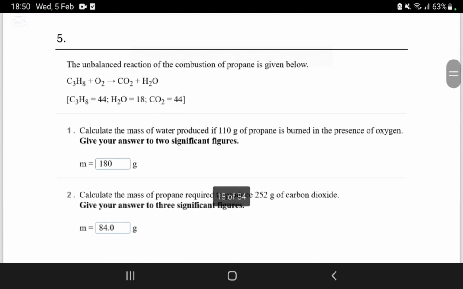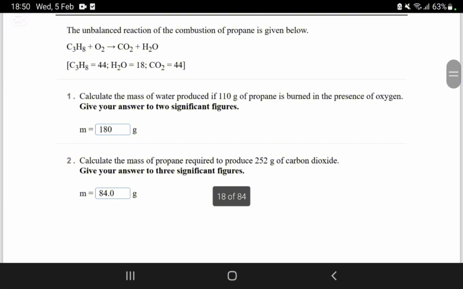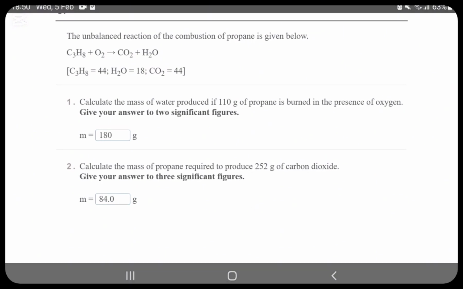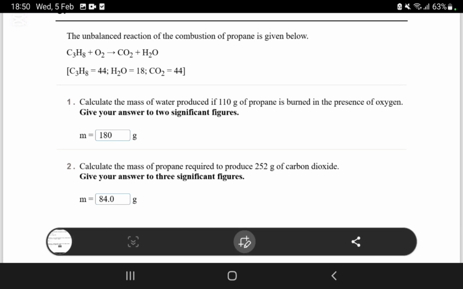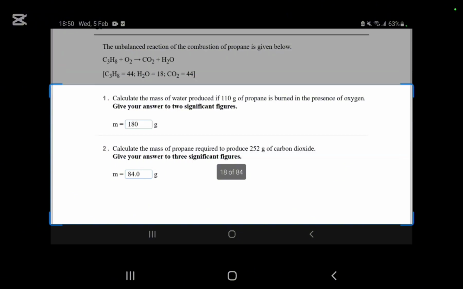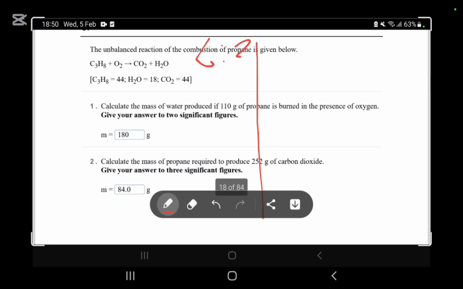Number 5. The unbalanced reaction of the combustion of propane is given below. First of all, we're gonna have to balance out the equation. So here we have C is 3, H is 8, O is 2.